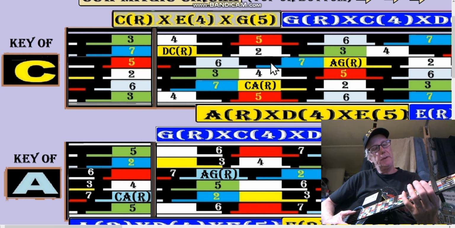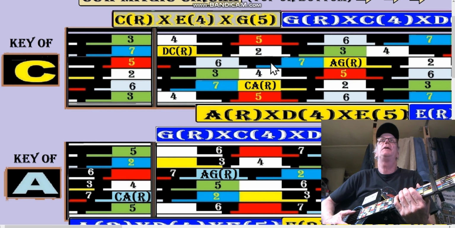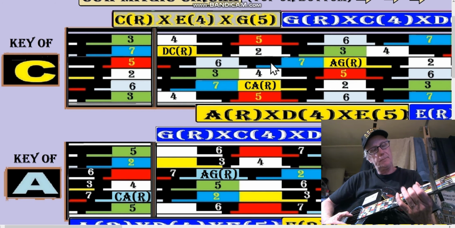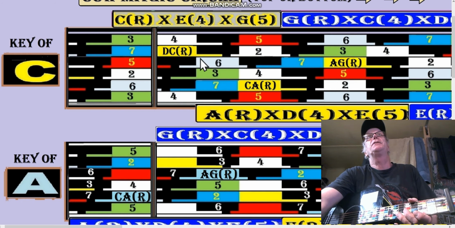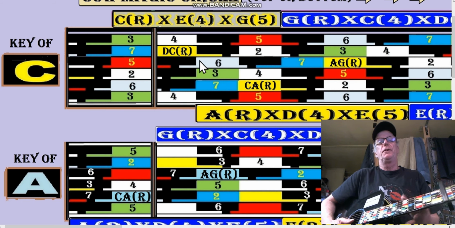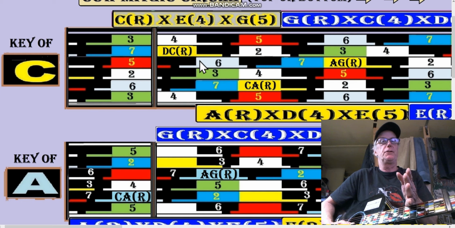So we have our C pentatonic. That is the C pentatonic there. Now the roots, C is the only exception.